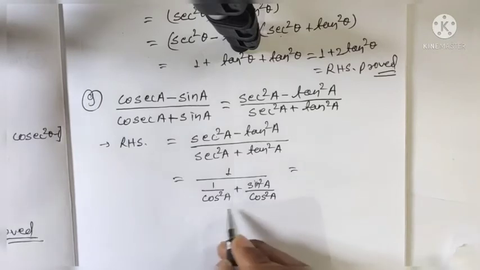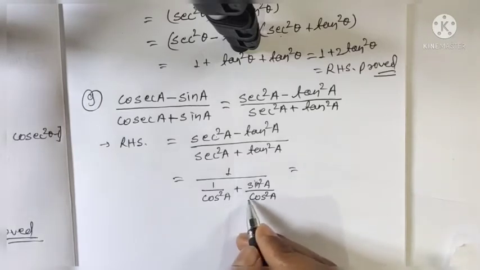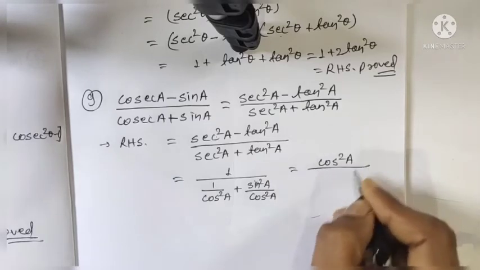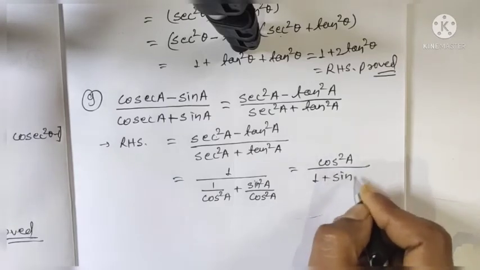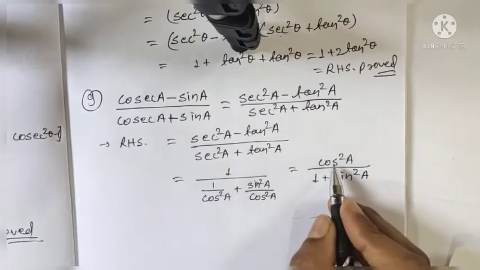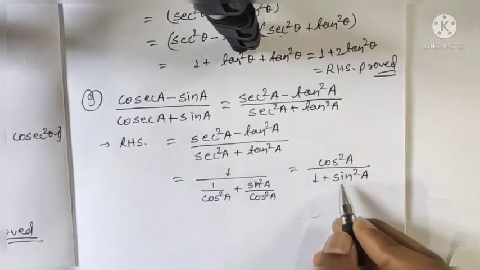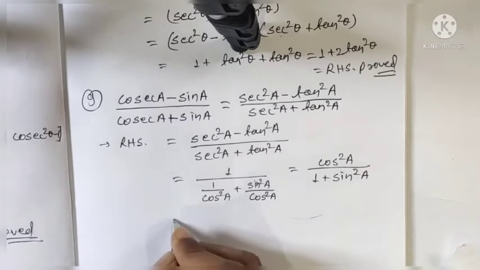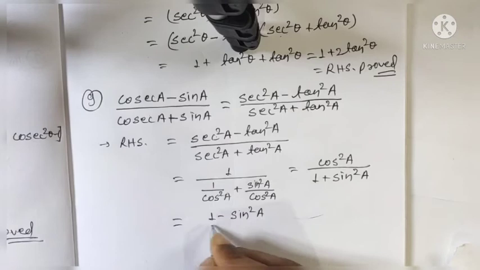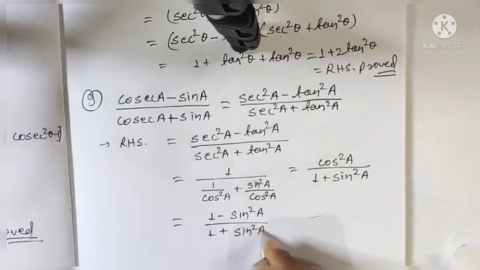Hence, by taking LCM as cos square A, then cos square A will go up and it will be cos square A by 1 plus sin square A, right? Now, as we know that cos square A is equal to 1 minus sin square A, so it will be 1 minus sin square A by 1 plus sin square A.